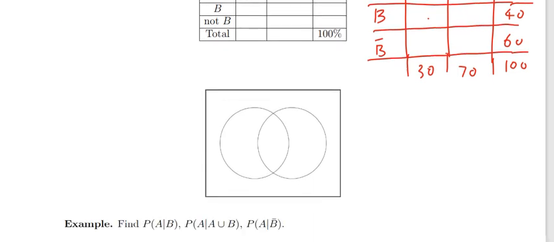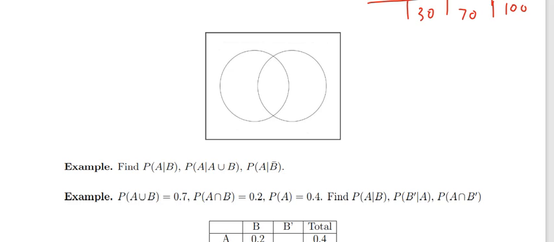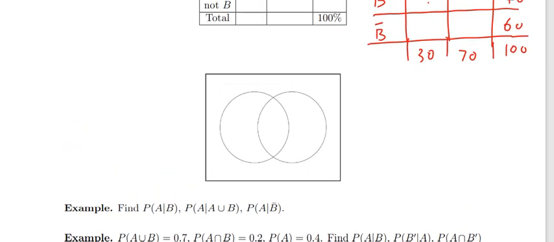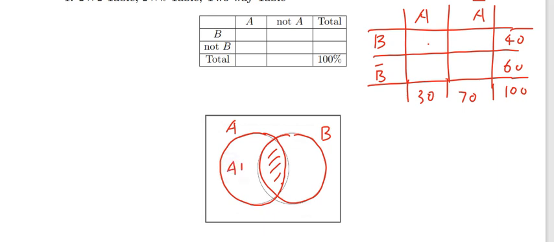We also can use the Venn diagram. The Venn diagram is quite the same as this table. Suppose this is A and this is B. This part is A and B, and this part is A but not B, A B bar, right?